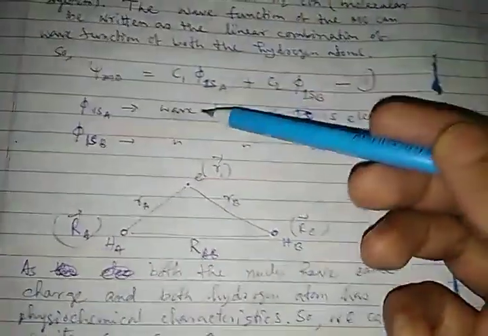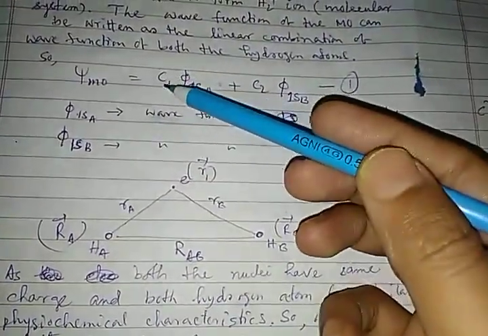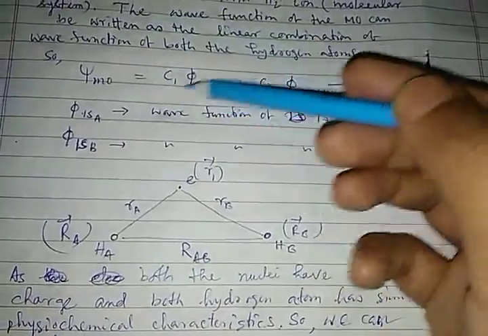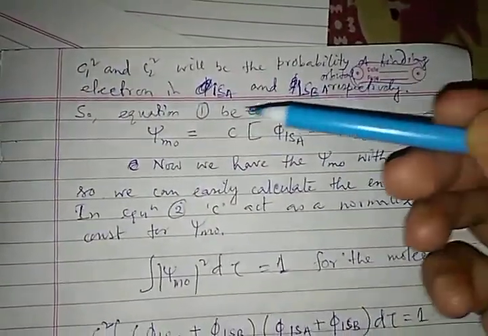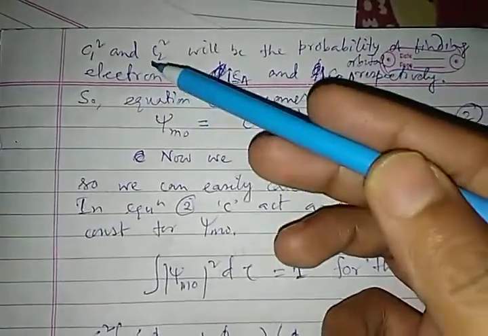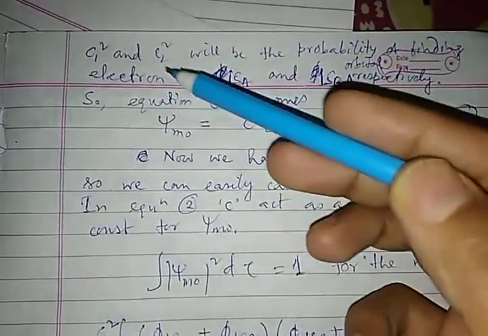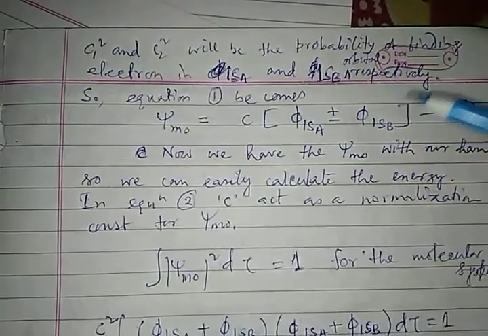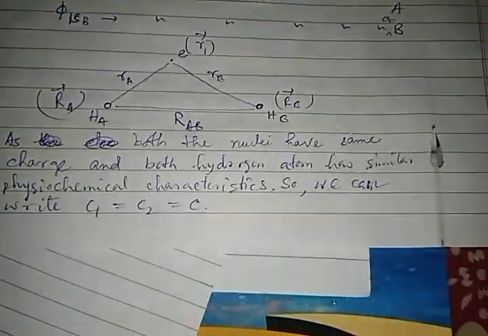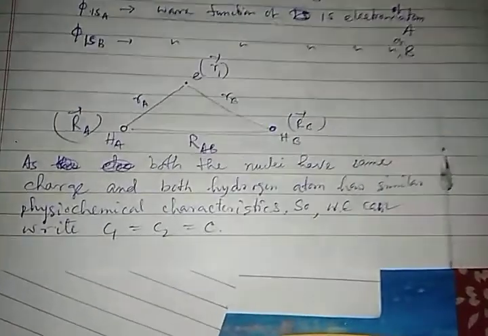Now C1 and C2 are the coefficients. What is the significance of C1 and C2? C1 squared and C2 squared signify the probability of finding the electron in phi 1sA and phi 1sB respectively. Both atoms are hydrogen atoms and have the same property, which means both nuclei have the same property.